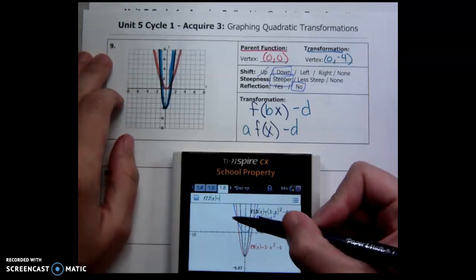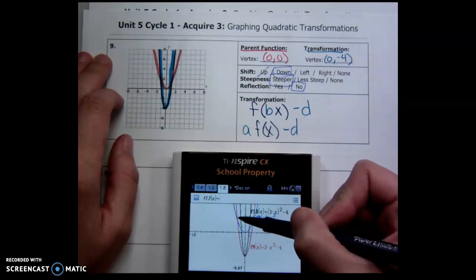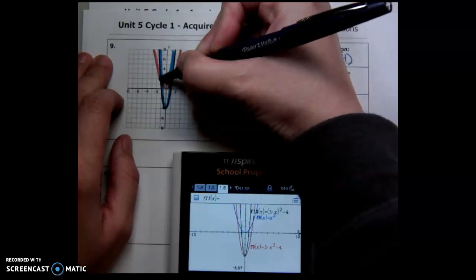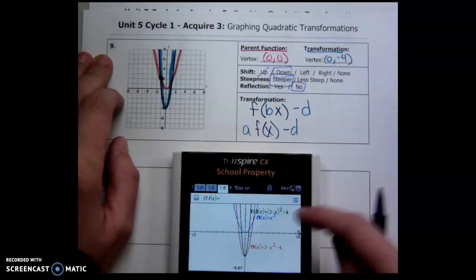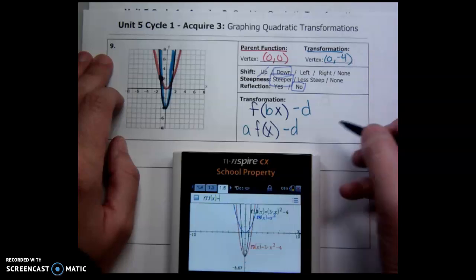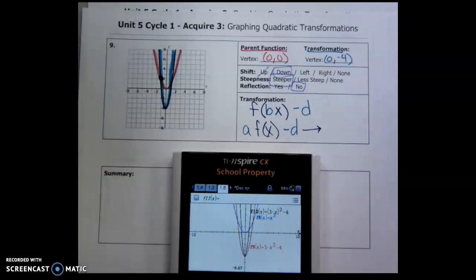It looks like the red and the blue one cross at -1, 2. If I look here, -1, 2, those points match. Okay, so it's actually the red one, which is not in parentheses. So this would look like 3.